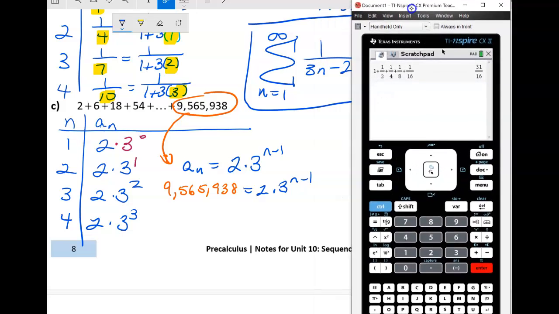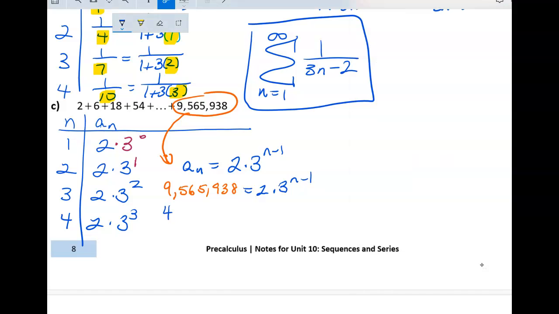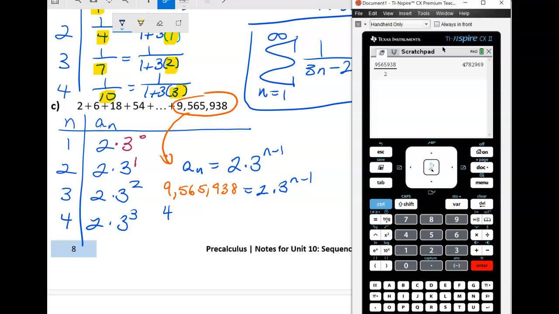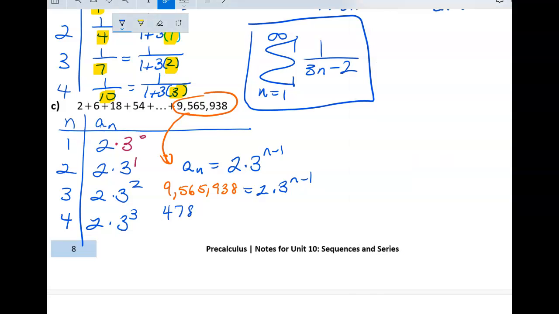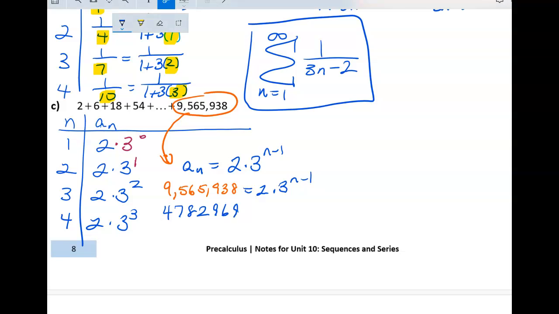I'll put my calculator over here where we can see that. So we're taking 9,565,938 and dividing it by 2. And that gives us 4,782,969 equals 3 raised to the n minus 1.